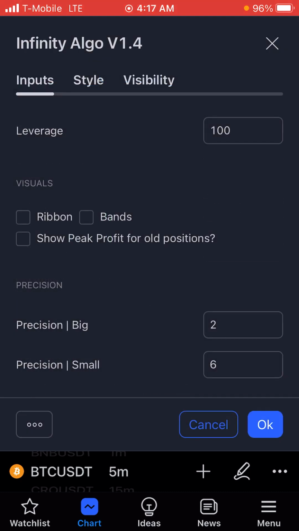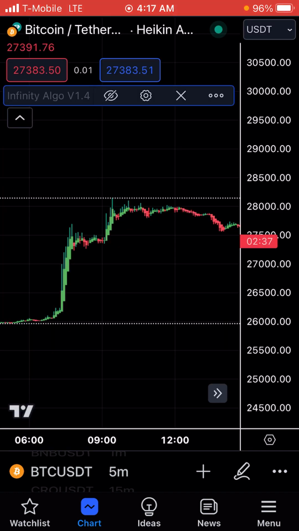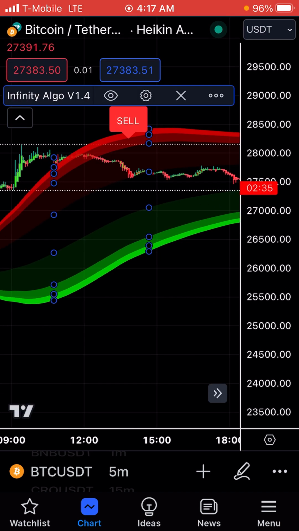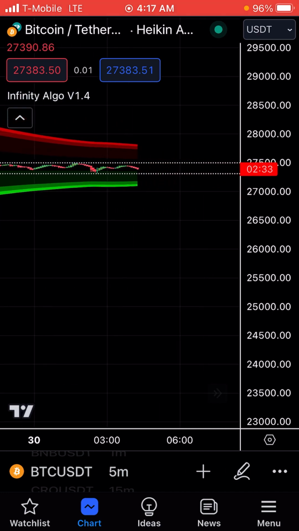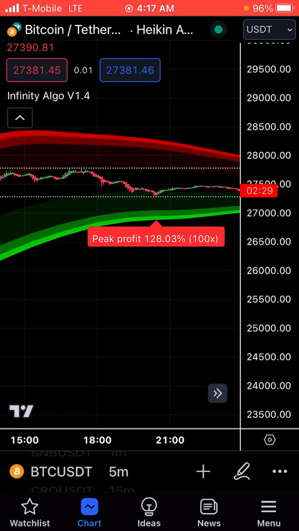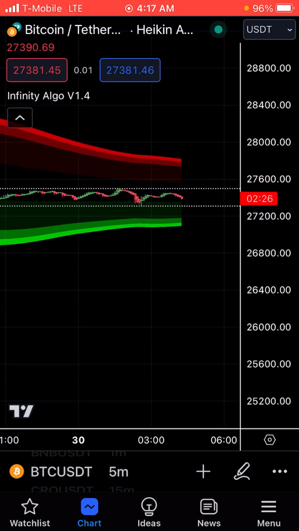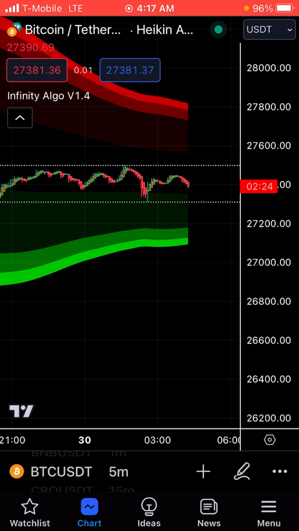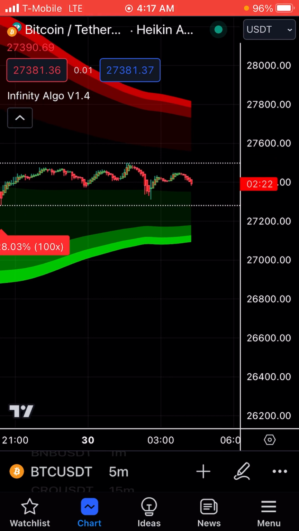So anyway, if you turn on bands, you're going to see the movement here. You're going to see sell, or basically you can go by the general direction.